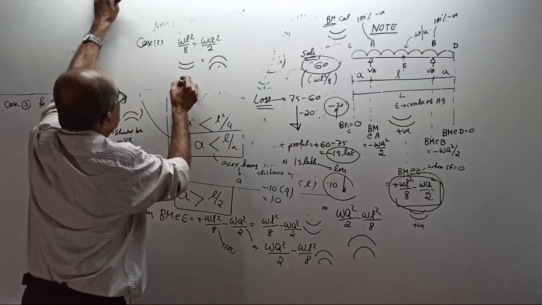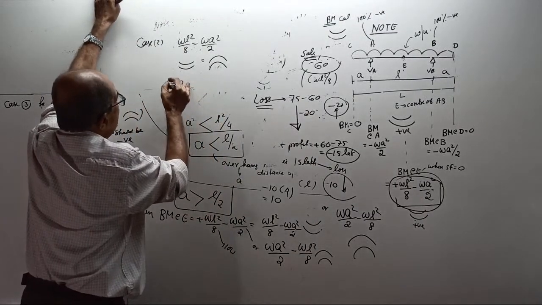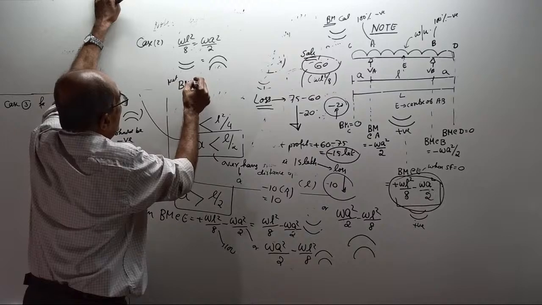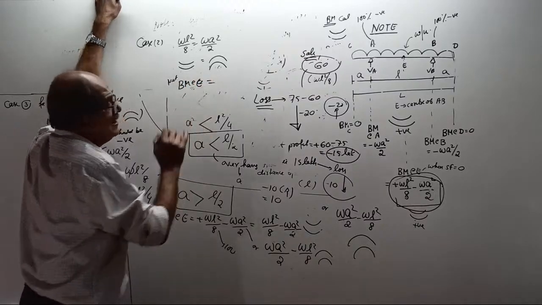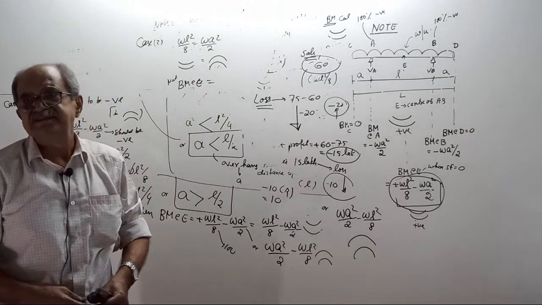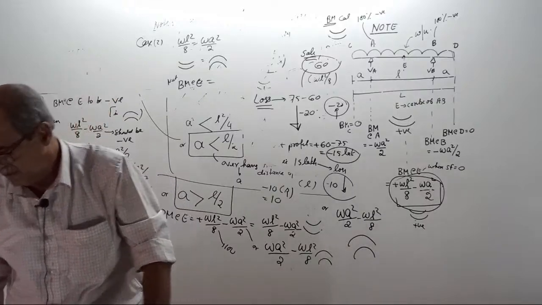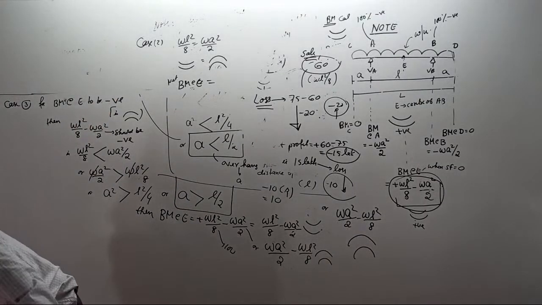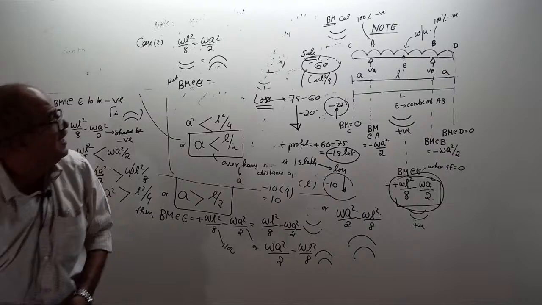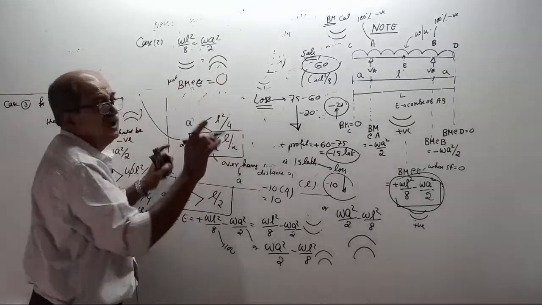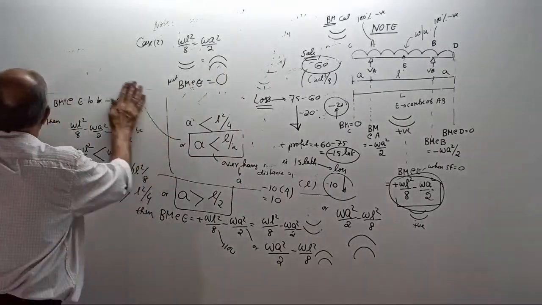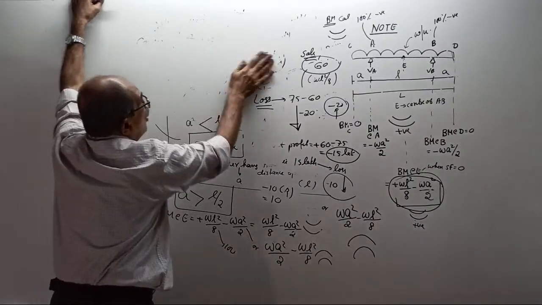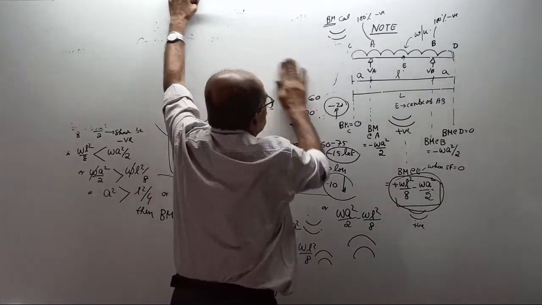Then, no confusion, tell the answer. Then net BM at center equal to. Then sagging BM equal to hogging BM equal to 0. Over.